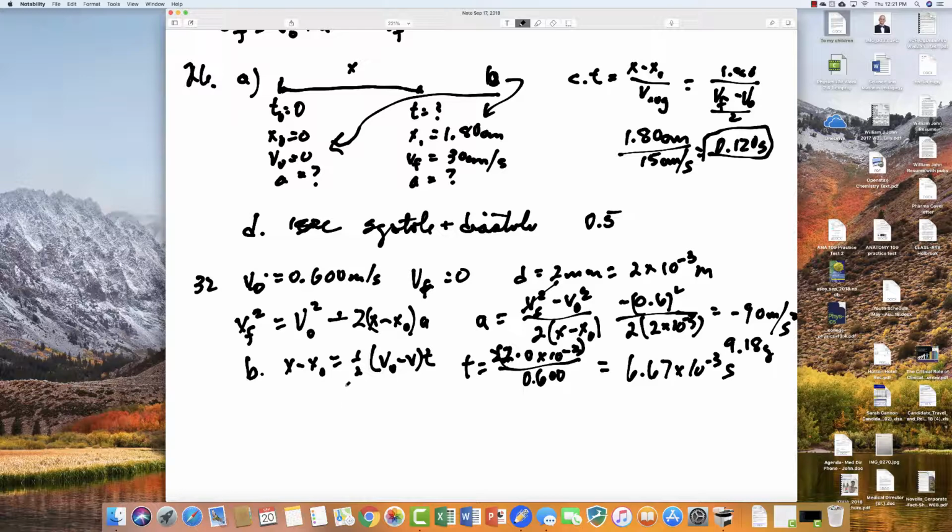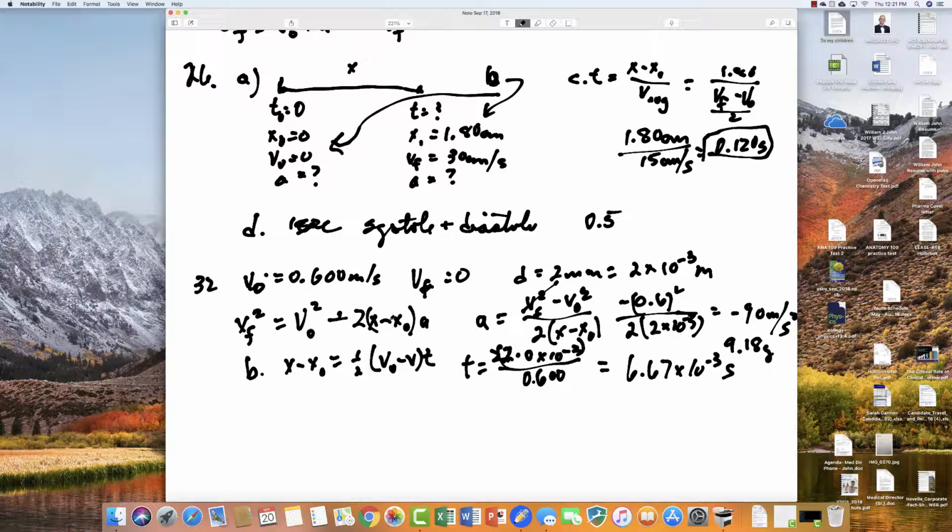So that's a lot of G's pretty fast. Now, the point here is, though, that with these tendons, the stopping distance is changed from 2 millimeters to 4.5 millimeters.